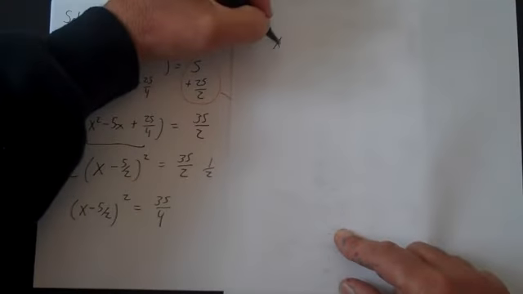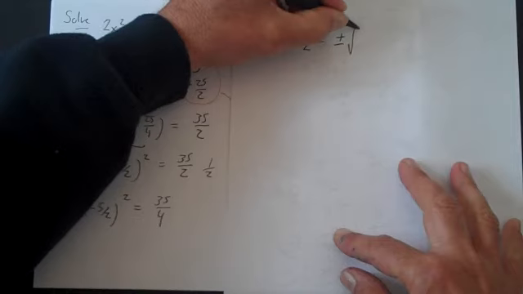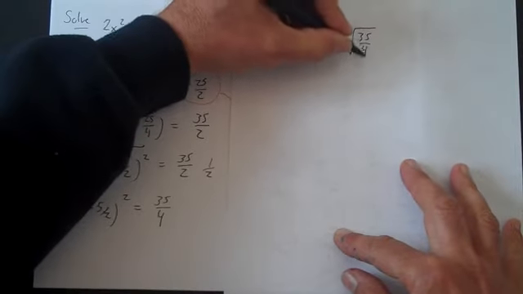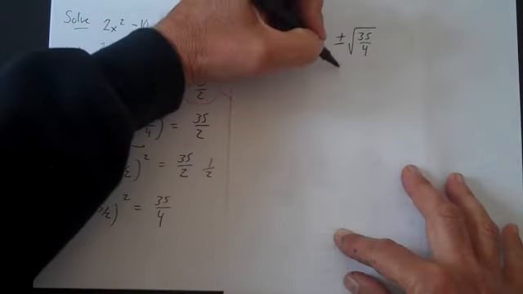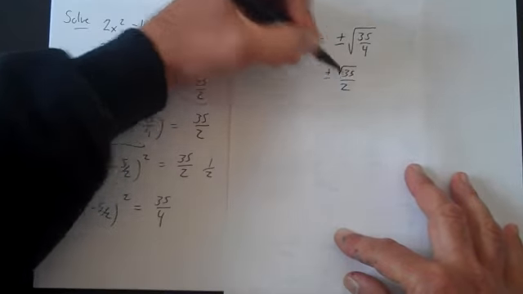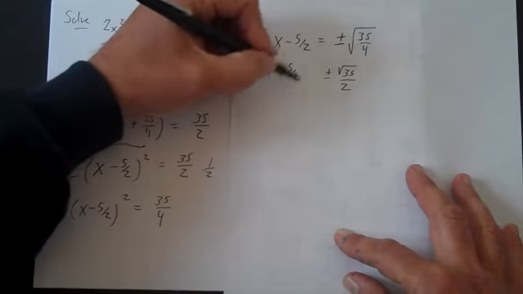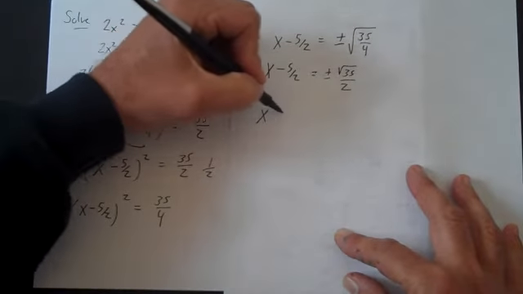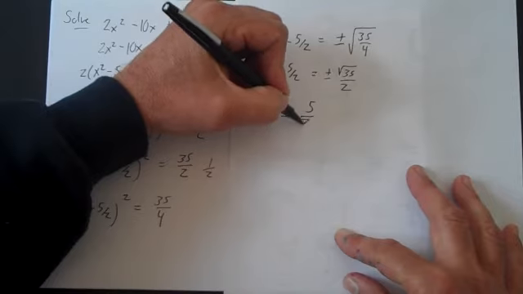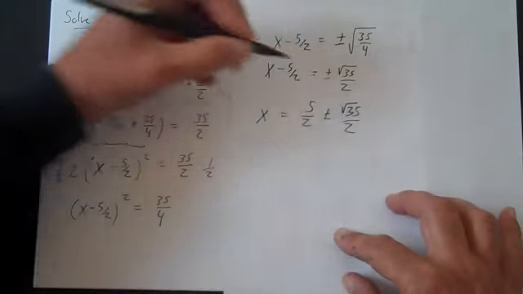And whenever you take the square root of both sides, you're going to add your plus or minus. I'm going to go ahead and simplify this first. That's plus or minus the square root of 35 over 2. And then the last step is you're just going to add 5 halves to both sides. So it's 5 halves plus or minus the square root of 35 over 2.